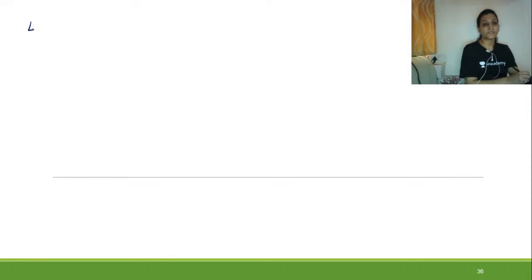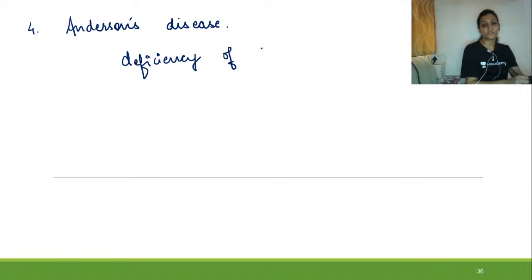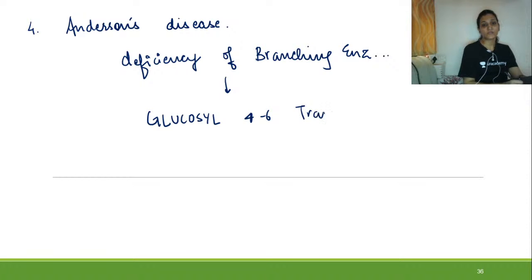Now talking about Anderson's disease. What will happen is that there will be a branching defect, with deficiency of the enzyme which does the alpha 1,4 to 1,6 transfer.